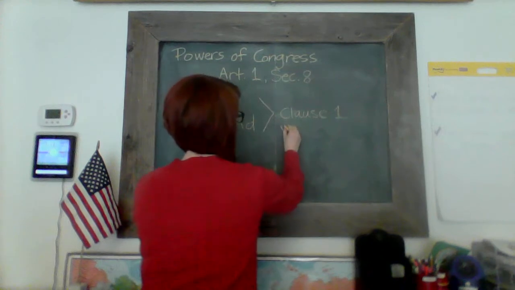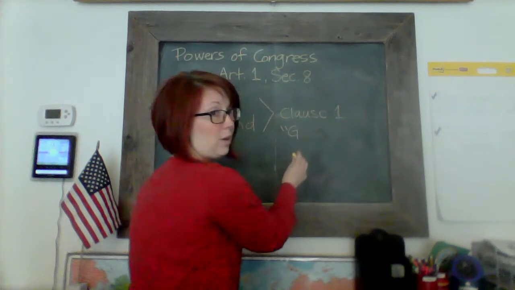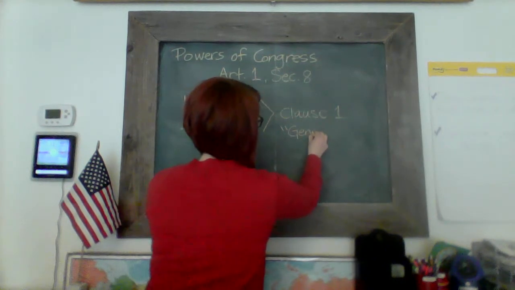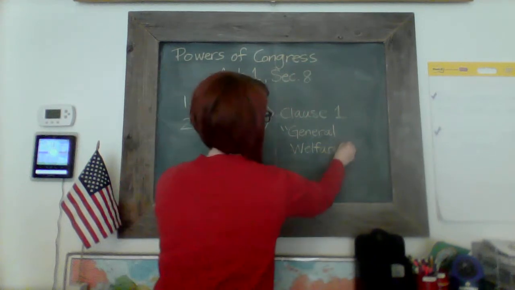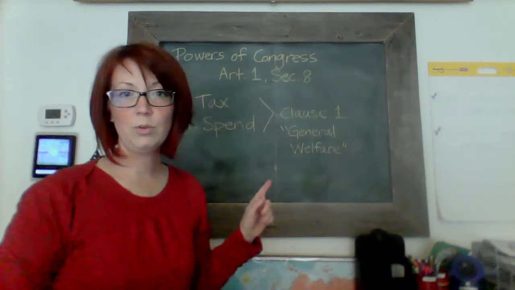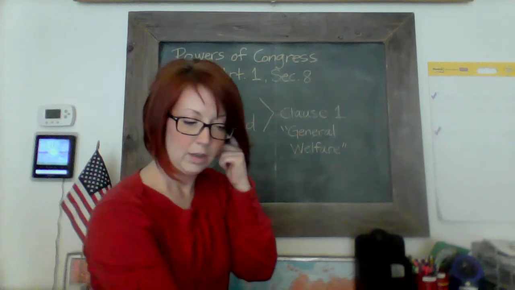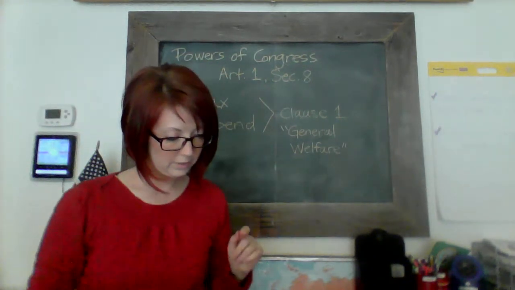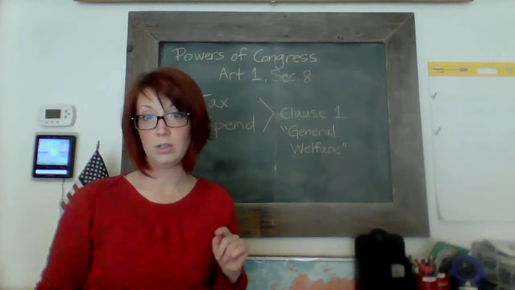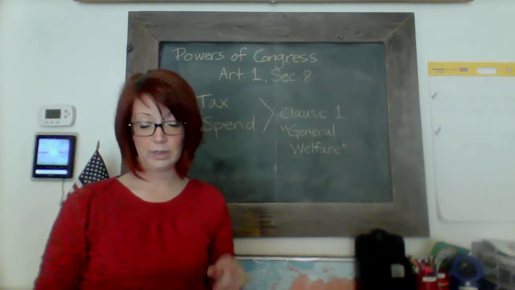So make sure you write this down. Okay. General Welfare Clause. Okay. So we got 2 powers listed here. We have 20 powers to go through. So we'll try to do this quickly.